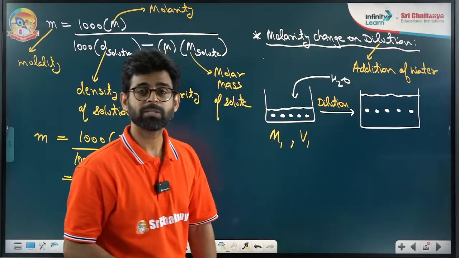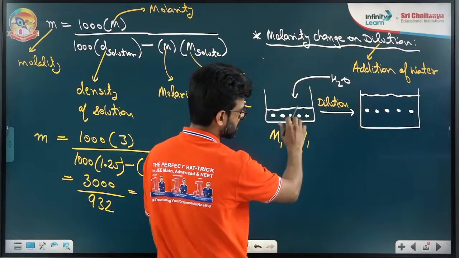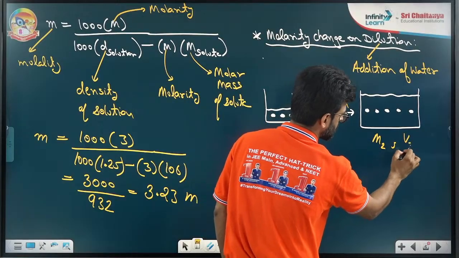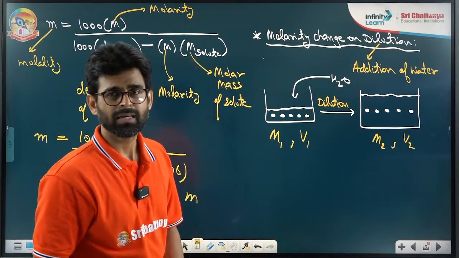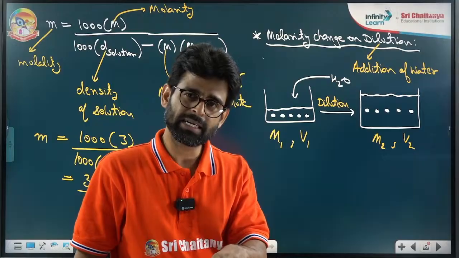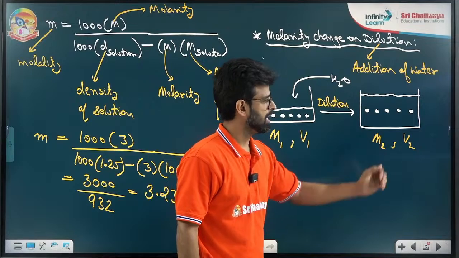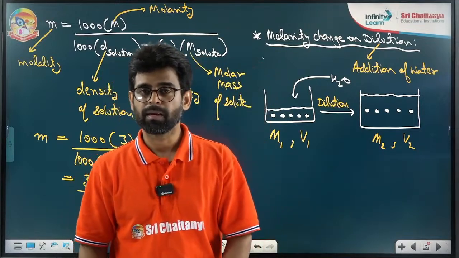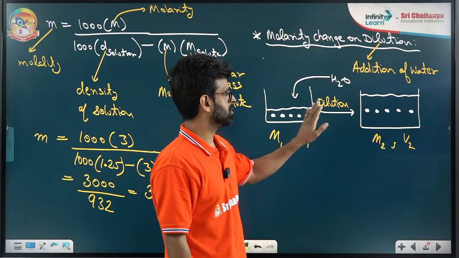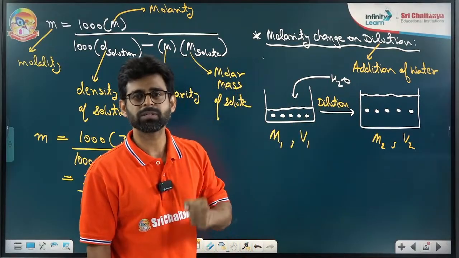When you add extra water, imagine the molarity is M2 and the volume becomes V2. M1 is the initial molarity, V1 the initial volume, and after dilution molarity becomes M2 and volume V2. But one thing is very clear: the number of solute particles here and here will be the same, because after adding extra water the solute particles are not changing.